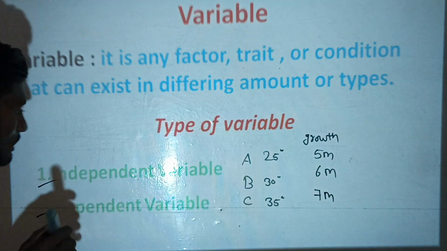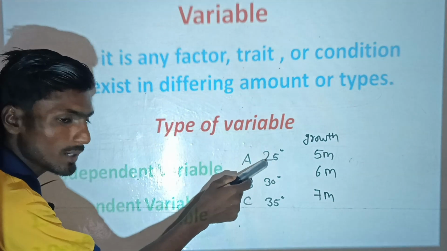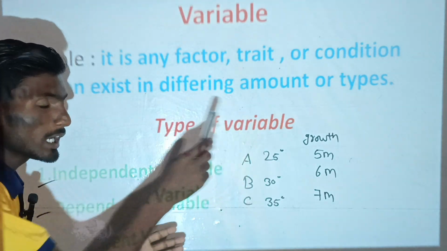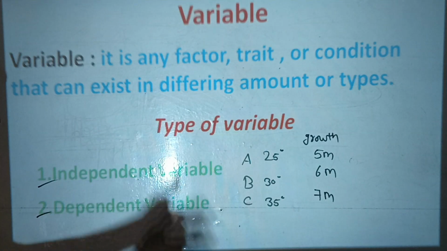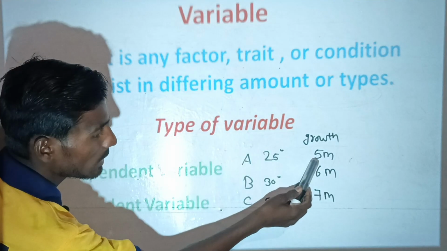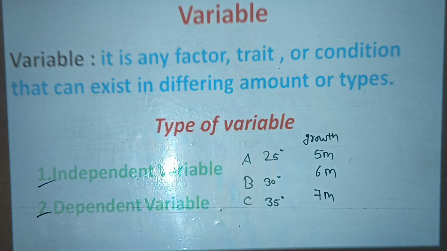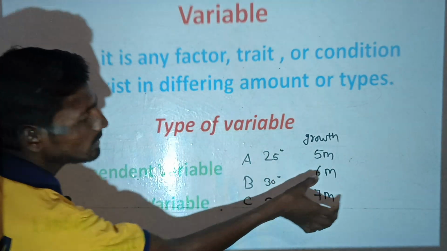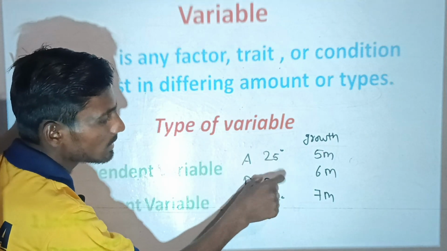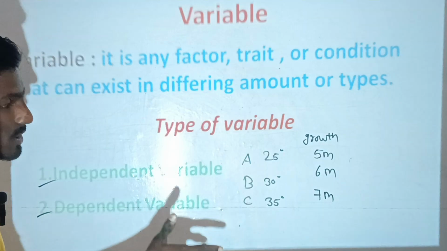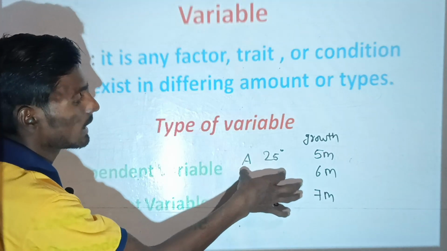So here is the main thing: if you change the temperature, the effect will change. If we supply 25 degrees Celsius to plant A, its growth is only 5. So the growth depends on the temperature, and growth is fully dependent on it.